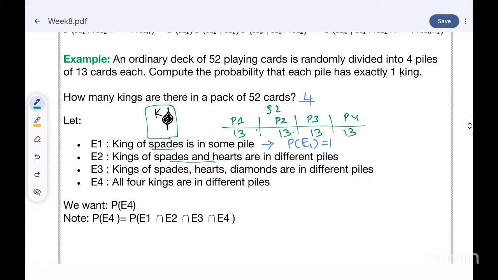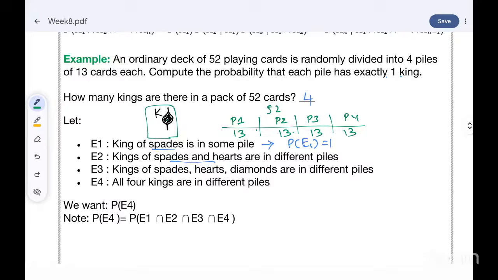Now is that making sense? Yes or no? Yeah? Or still is it not clear? Yes, ma'am. Not clear. It's not clear. Okay. See, what is E1?